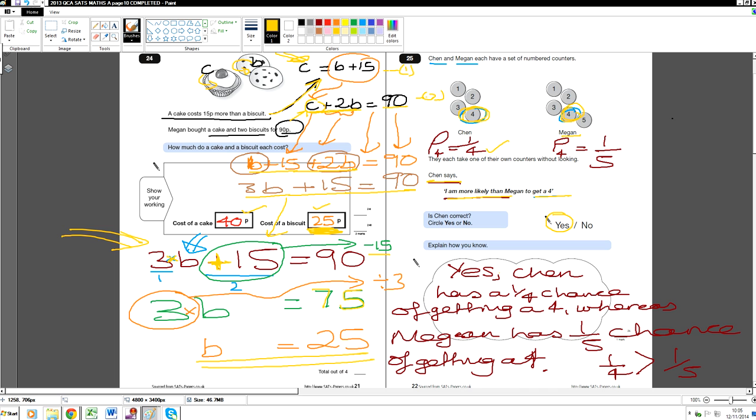Explain how you know. Well, Shen has a quarter chance of getting a 4, whereas Megan has 1/5. So we've stated the information that we have from the question, and we know that 1/4 is greater than 1/5, and that's our proof.